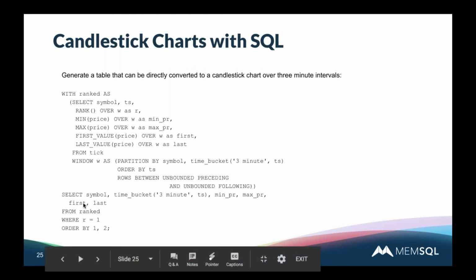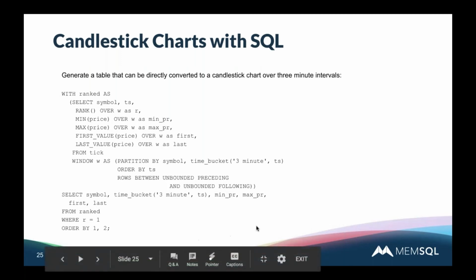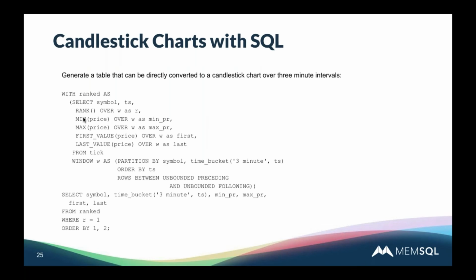So in order to do that, we basically filter on the rank. So pull out the first one. It's where r equals 1 pulls out the row that is the first one in the sorted series for a partition. And so we can run that query and get a result that has a candlestick chart.